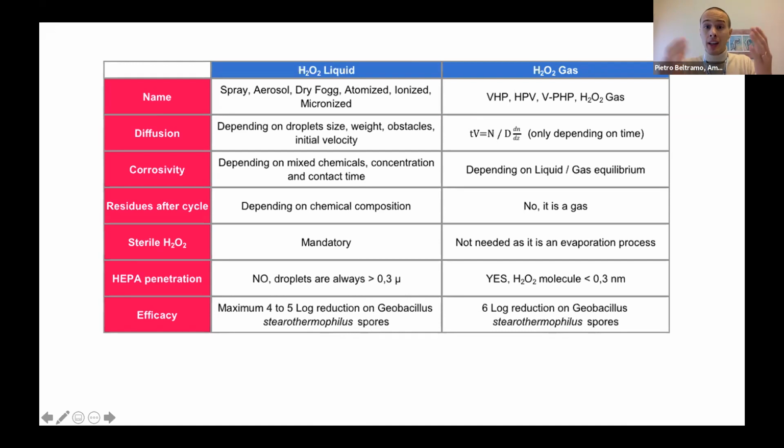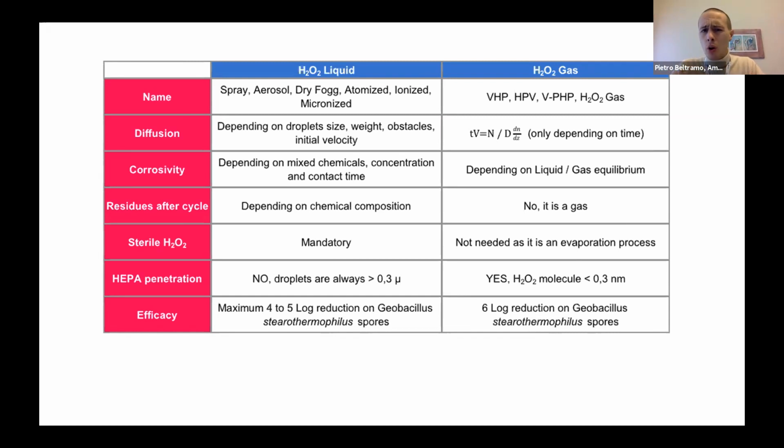And if I use enough quantity of biological indicators, and if I do that test several times, 2-3 repetitions to prove the repeatability and reproducibility of your cycle, usually I would say 90% or if not 100% of the sprayed technology cannot get more than 5 log reduction, at least on average, while with the gas, you can always get 6 log.